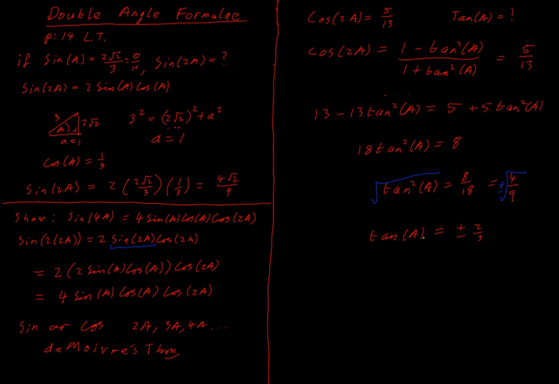So those are my values for tan A. Having solved my quadratic equation, tan A could be equal to 2/3, or tan A could be equal to minus 2/3. And those are my two solutions. And that's what we need for now.